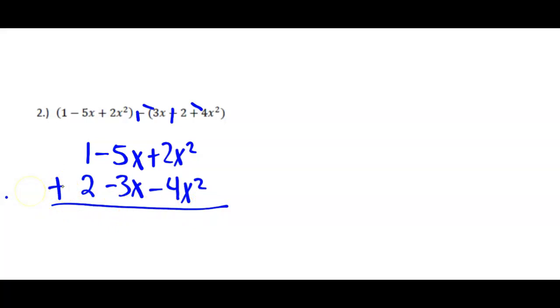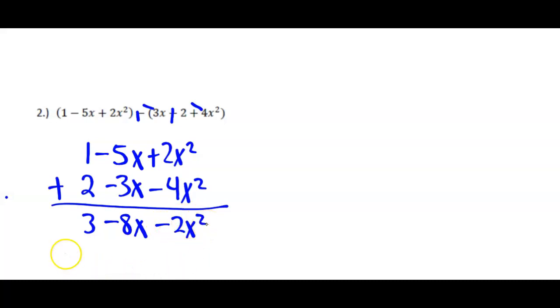I'm adding these together. 1 plus 2 is 3, negative 5x plus negative 3x is negative 8x. 2x squared plus negative 4x squared is going to give us negative 2x squared.